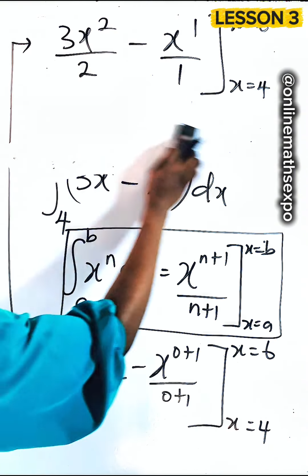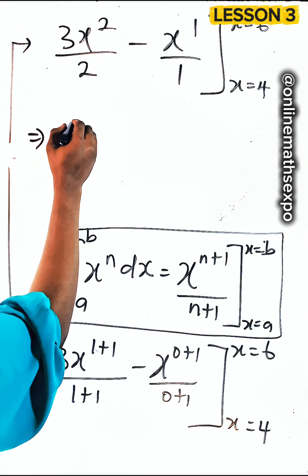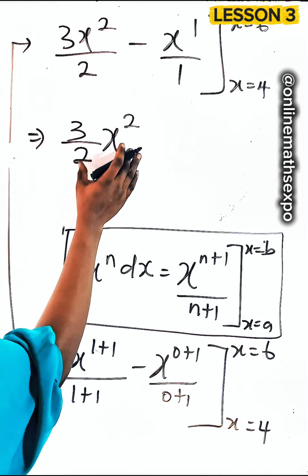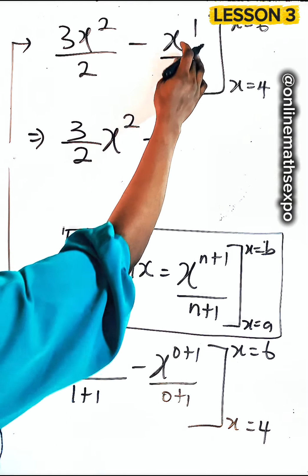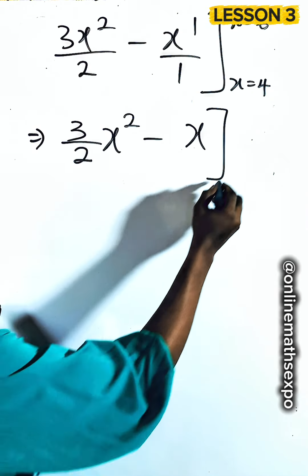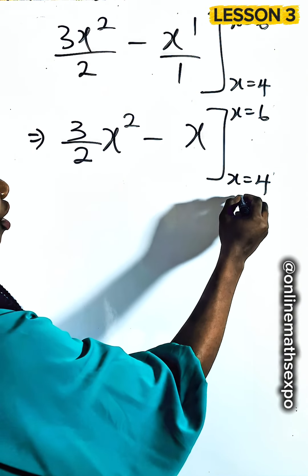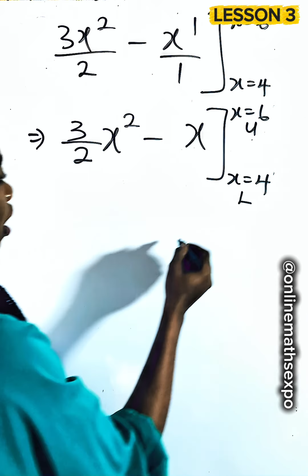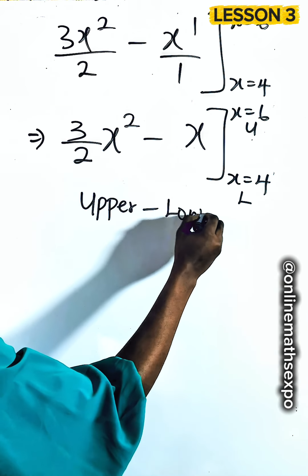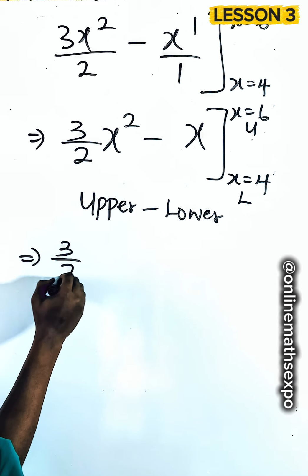So what do you do next? We keep simplifying this. So this is the same as 3 on 2x squared, minus x to the power of 1 is x, and divide by 1 is still x. So x from 4 to 6. Remember, this is your lower and this is your upper. So what you do is upper minus lower. So let's substitute now to have 3 on 2.